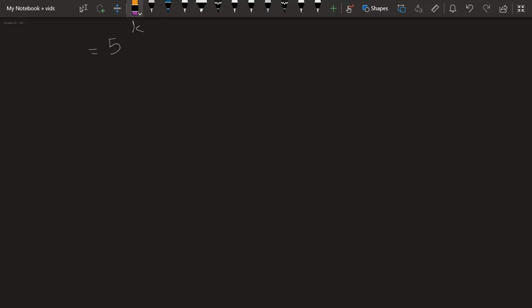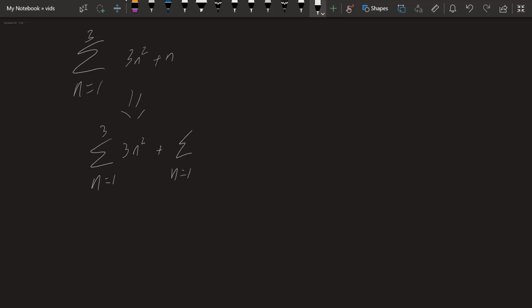So here we go. Let's say you had sigma n goes from 1 to 3 of 3n squared plus n, right? So let's split the sigma, right? It's the addition property. Sigma n goes from 1 to 3 of 3n squared plus sigma n goes from 1 to 3 of n, right?